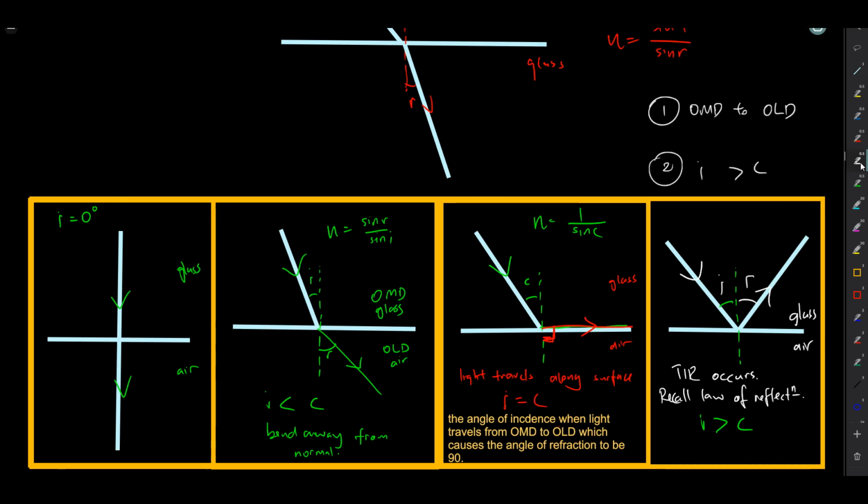Now, one of the most obvious technologies using TIR today, and the reason why we can have Zoom, is our optic fiber. Inside the optic fiber there is a lot of glass, and in the glass TIR occurs. When TIR occurs, it allows internet data to be transmitted near the speed of light. Last time it used to travel through LAN cables, which is much slower.